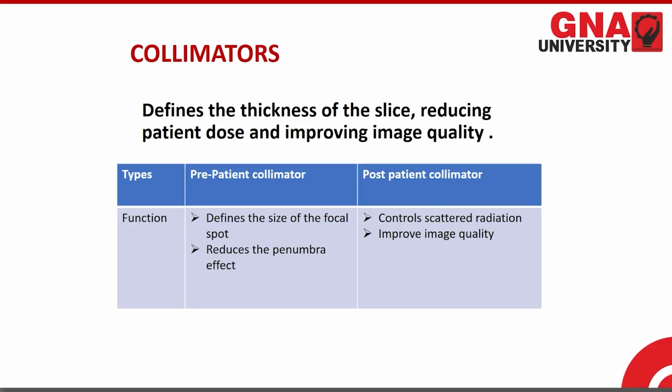One is known as the pre-patient collimator, the second is known as the post-patient collimator. The pre-patient collimator is responsible for defining the size of the focal spot and reduces the penumbra effect onto the patient, while the post-patient collimator controls the scatter radiation and improves the image quality.